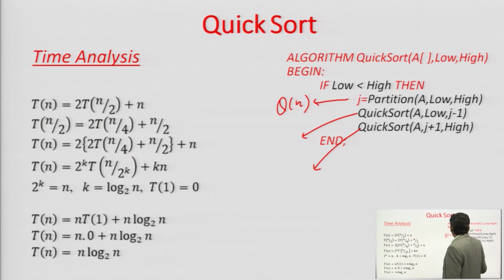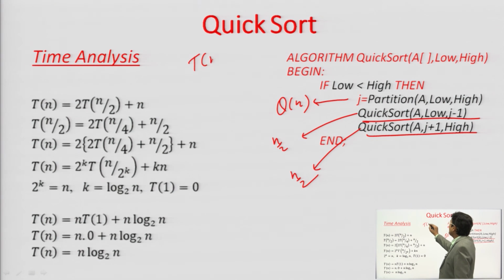Now, quicksort will be performed on the n by 2 size array, and this will also be performed on another n by 2 size array. Let us say T(n) represents the time complexity of quicksort, then T(n/2) will represent the time complexity of quicksort on an array of size n by 2.